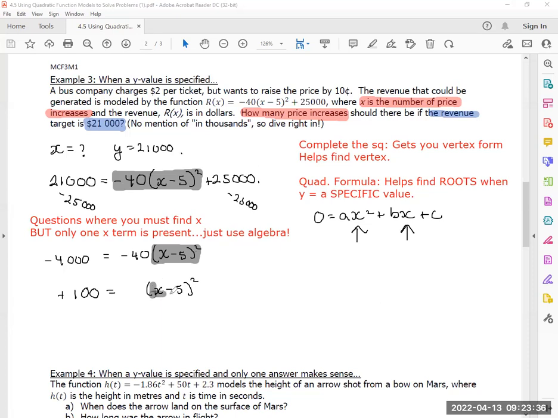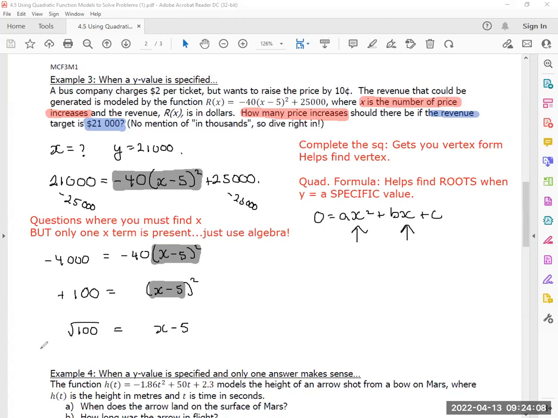Next, x minus 5. Inside the bracket, I am going to leave alone. By reverse BEDMAS, I have to do the exponent first. How do I get rid of an exponent? That would be square root both sides. If I square root both sides, on the left side, I'm just left with x minus 5. And on the right side, I am left with the square root of 100, which I'm sure you can figure out is going to be 10.